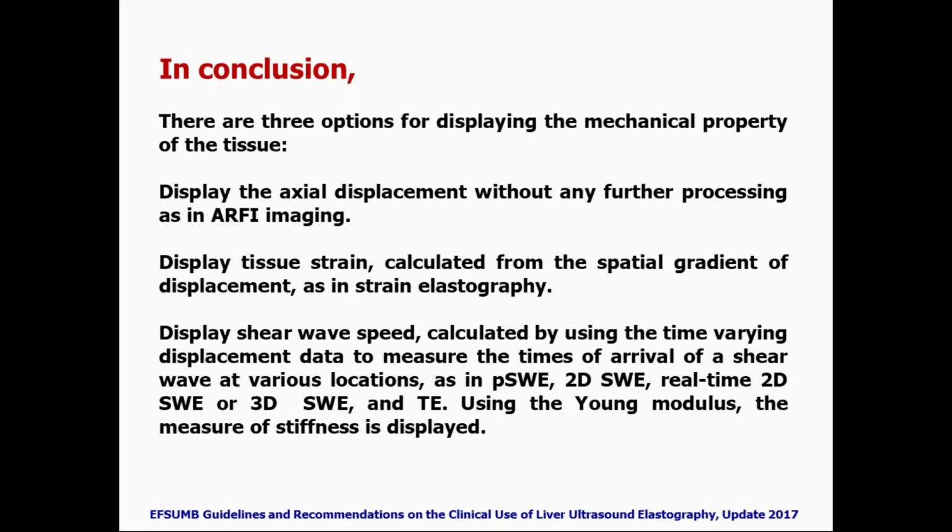Display the tissue strain calculated from the percentage of displacement, as in strain elastography, or display the shear wave speed, measuring the time of arrival of the shear wave at various locations, as it is done in point shear wave elastography, two-dimensional shear wave elastography, real-time two-dimensional shear wave elastography, and three-dimensional shear wave elastography, and also in transient elastography. Using the Young's modulus, the measure of stiffness could also be displayed.